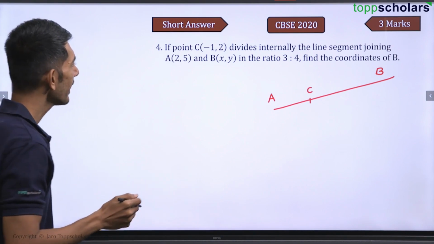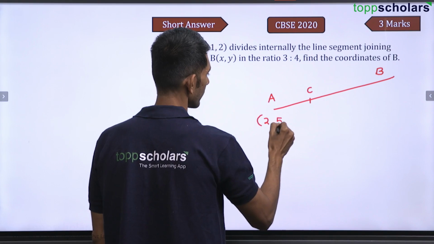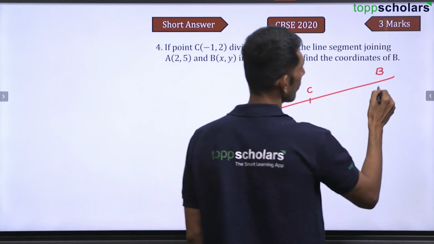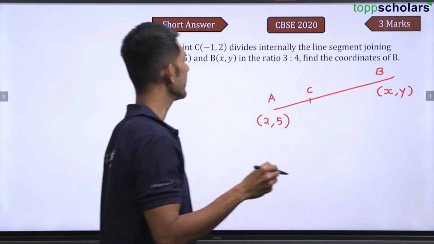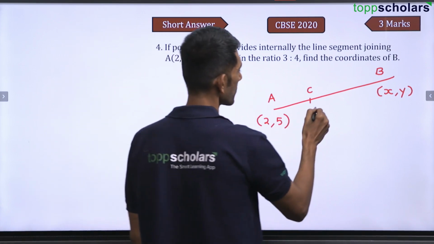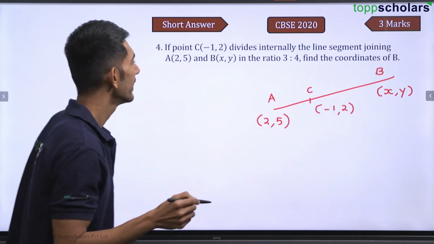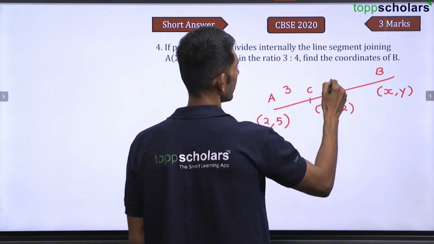So point A has coordinates 2, 5. Point B has coordinates x, y, and point C has coordinates -1, 2. Correct? And the ratio is 3:4.